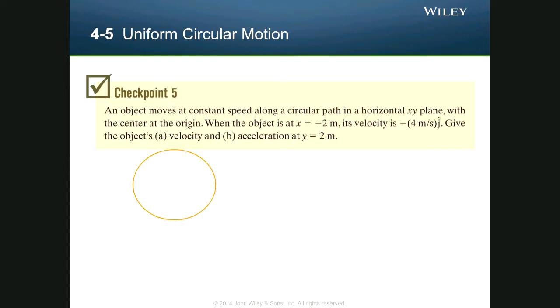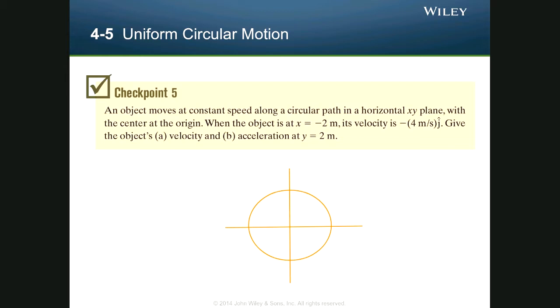So we have a circle, right? Before we do that, we should draw some lines. So one line, there's another line. Let's move our circle onto our coordinate axis. That looks pretty good. It's not perfect, but it's pretty good. Okay, so we have our circle and our axes. Now we want to look at when the object is at -2.